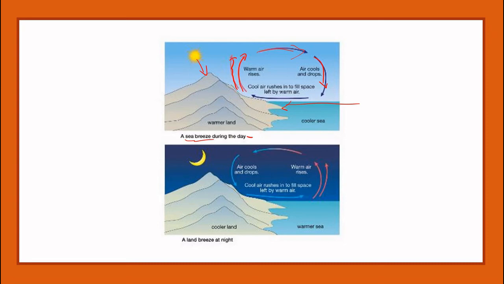You have the onshore breeze, and then at night, the land will actually lose that heat that it picked up during the day, and the air will start to rise above the ocean here.